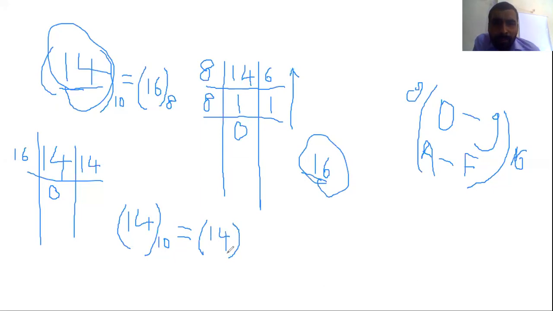But here 14 will not be written directly. It will be written using A to F. A stands for 10. B stands for 11. C stands for 12.